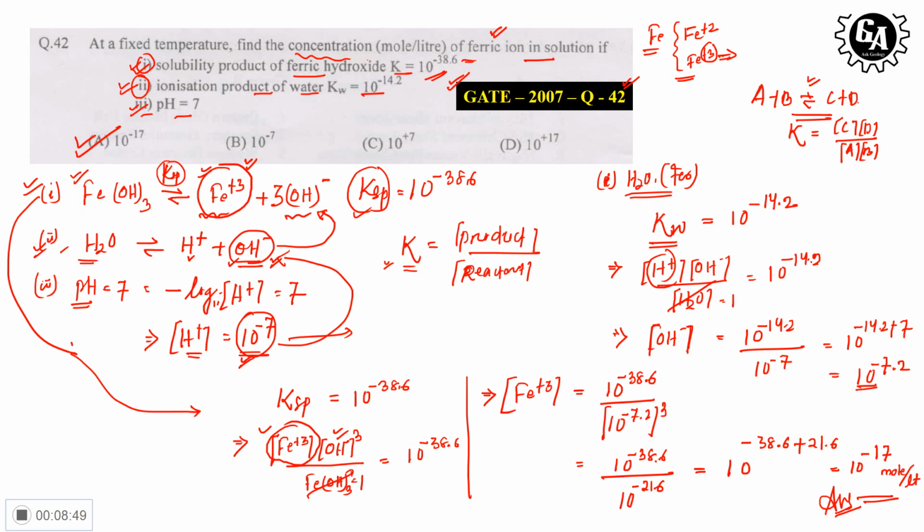These are the concentration values. Depending upon these things, there are many numericals they ask in GATE, and nowadays they are also asking in JAM.